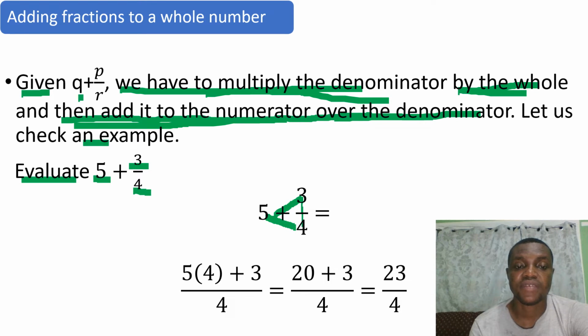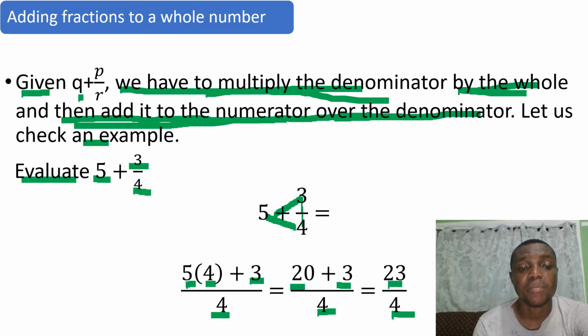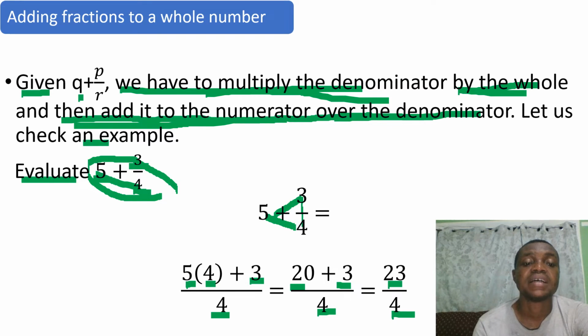So it's 5 times 4 plus 3 as the numerator over the denominator, which is 4. 5 times 4 is 20, plus 3, over 4. So 20 plus 3 is 23 over 4. So when we have a whole number and a fraction, you multiply the denominator of the fraction by the whole number, plus the numerator, over the denominator.